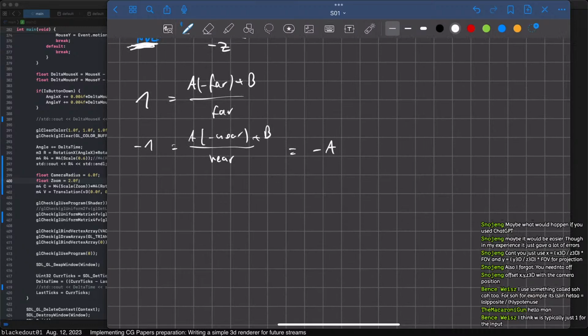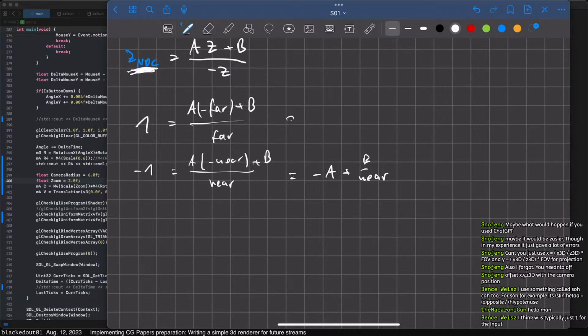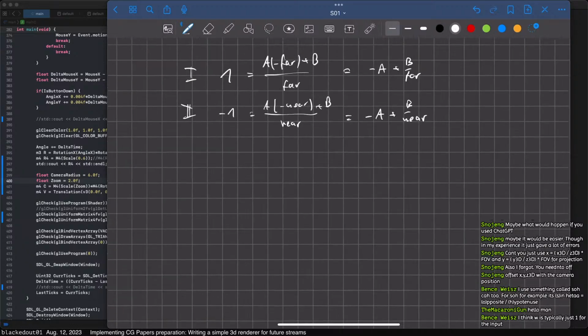So this is minus a plus b divided by near, and this is minus a plus b divided by far.